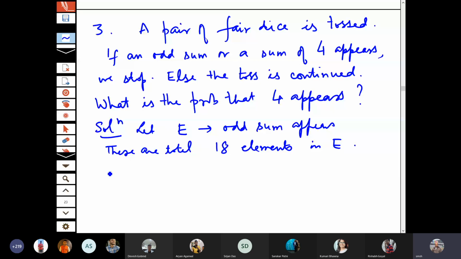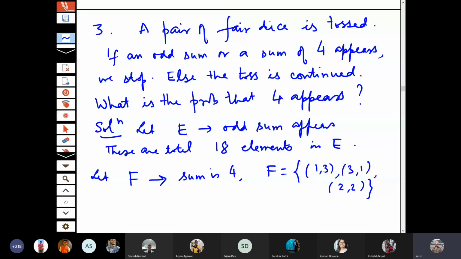And let us consider event F, and we say the sum is 4. Then in this one you will have 1,3, 3,1 and 2,2.